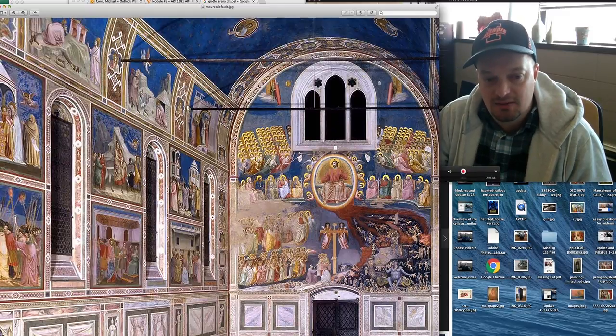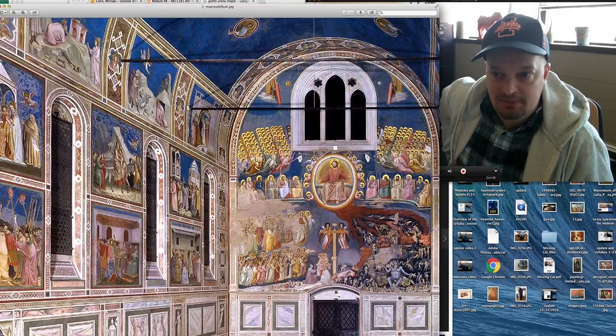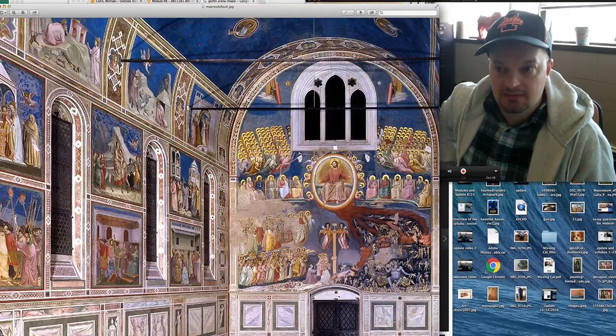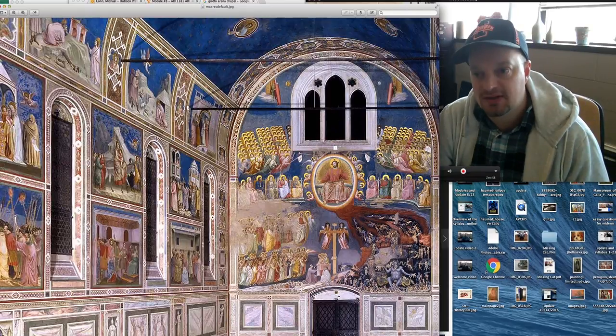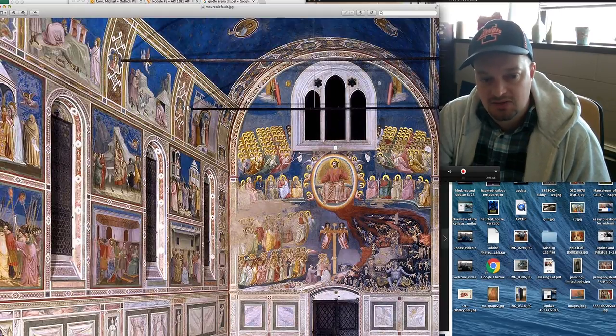This is a fresco type painting as well, and this becomes a major influence for Michelangelo when he does the Sistine Chapel. There's a Last Judgment on the back of the Sistine Chapel, and on the ceiling, he studied Giotto's work in Padua as a reference, as an inspiration.